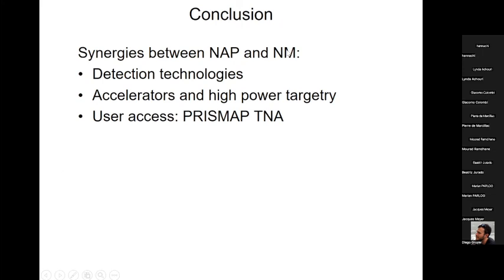So to conclude, I have made an effort to find where there are some synergies between nuclear astrophysics and nuclear medicine. And very clearly, the first one is detection technologies. If you can develop a new detector which has some added value, it's most likely that you could find some application for nuclear medicine. Secondly, it's the production of the radionuclides. So special accelerators and high power targetry often have applications.